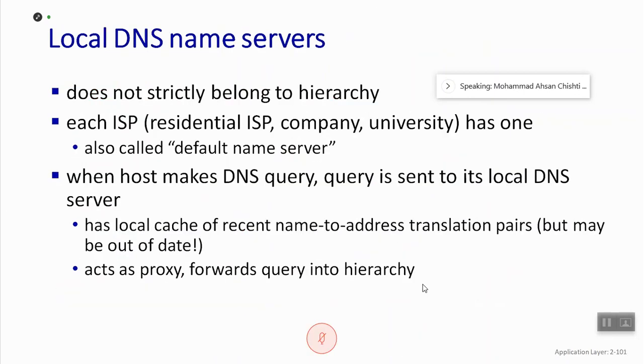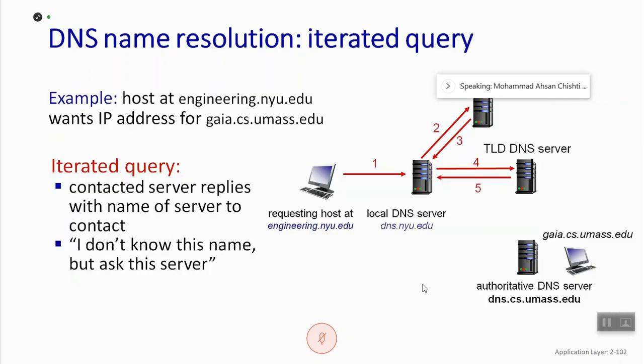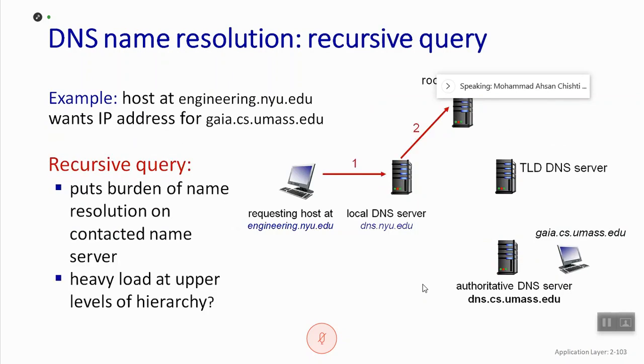See here, root DNS in iterated replies back. Then it goes to TLD DNS and so on. However, in the recursive query, the local DNS accesses the root DNS server, and it leaves the burden for them to find out what the top level domain name server is.